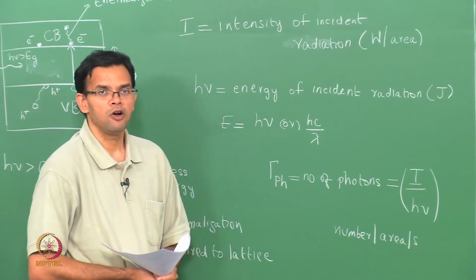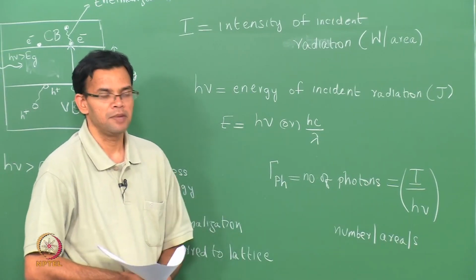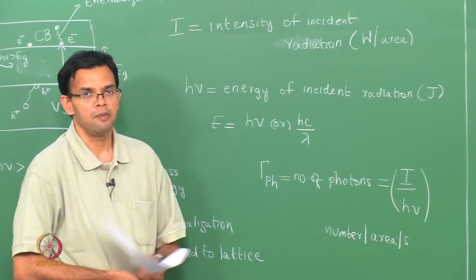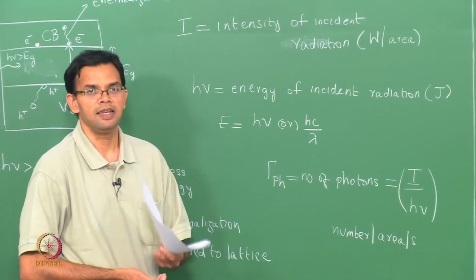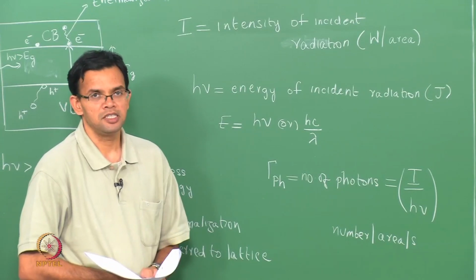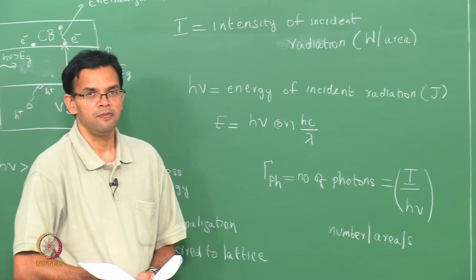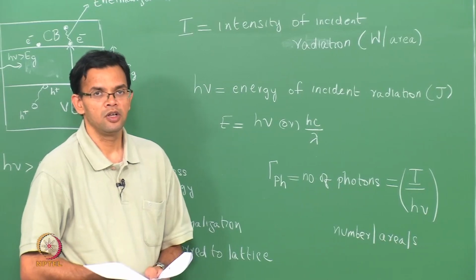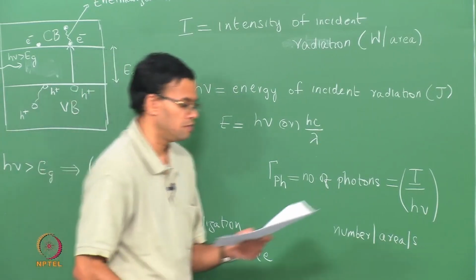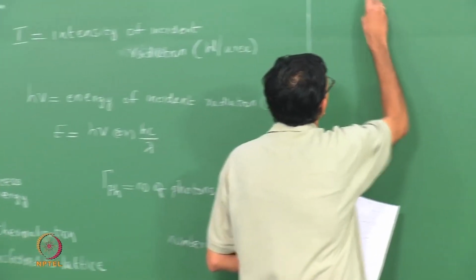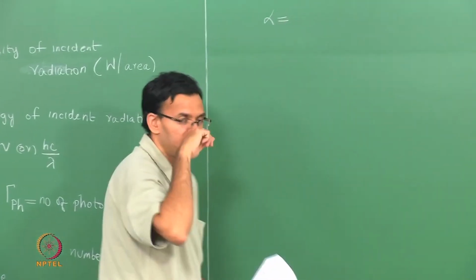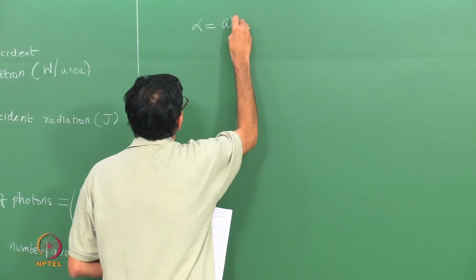So we talked about the absorption of light by a material, especially a semiconductor, and we say that light gets absorbed when the energy is greater than the band gap. This we can quantify by introducing a term called the absorption coefficient. So we define a term alpha, where alpha is called the absorption coefficient.